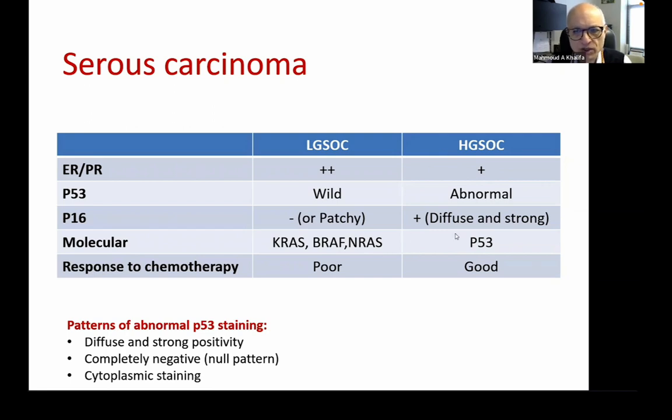High-grade serous tumors are based on P53, whereas low-grade serous tumors have a KRAS mutation or BRAF mutation. So these are two different tumors. And making the distinction between the two is very important, as I said before, because high-grade serous tumors respond to chemotherapy, low-grade serous tumors do not respond to chemotherapy.